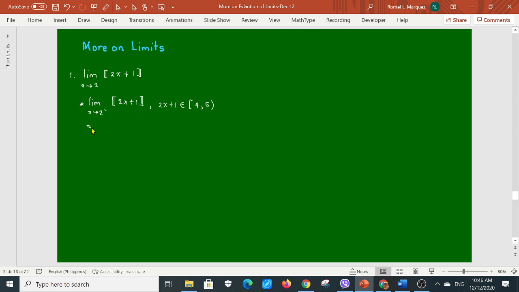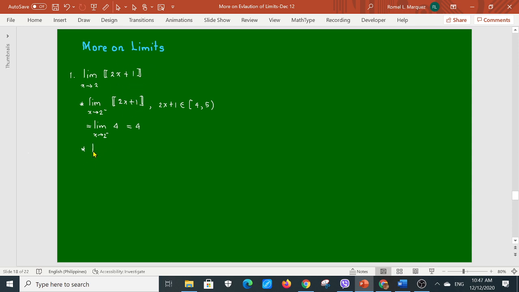So the limit from the left is simply 4, and the limit of a constant 4 is equal to 4. Okay? So what about from the right? If we also get 4 from the right, then we say that the limit of this exists and is equal to 4.